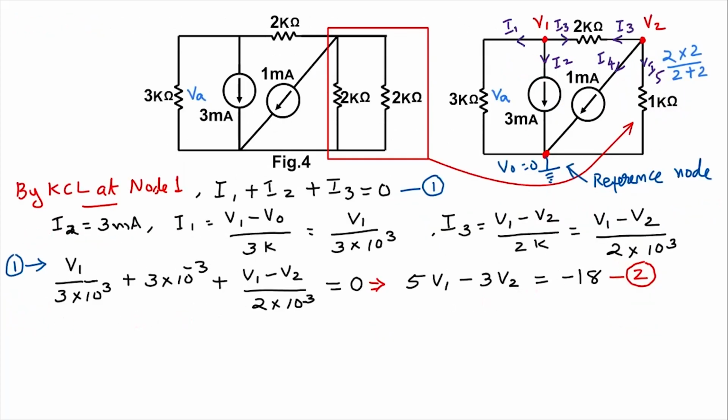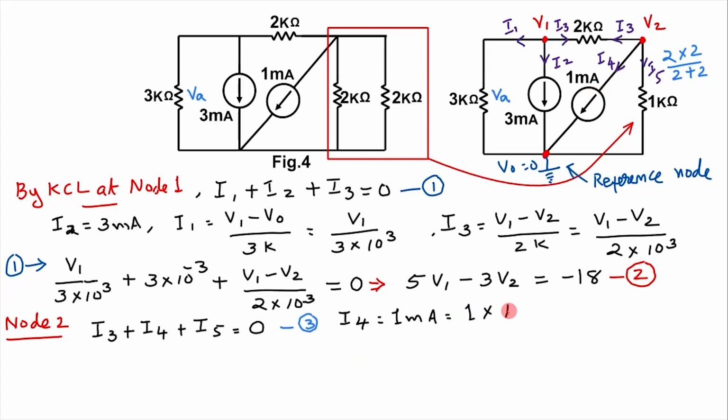Applying Kirchhoff's current law at node V2, here also 3 currents are going away from the node, I3, I4 and I5. So I3 plus I4 plus I5 is equal to 0. Let it be equation 3. Here I4 is given as 1 milliampere, which is equal to 1 into 10 raised to minus 3 ampere.